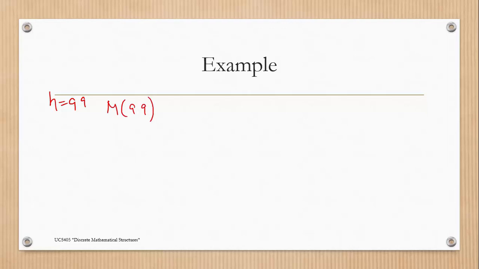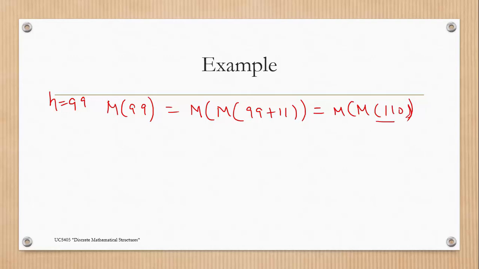So here second case will apply, which is equal to M of M of n plus 11, that is equal to M of M of 110. Now when value of n is 110, then this will be equal to n minus 10, because applying first case, that is equal to M of 110 minus 10, that is M of 100.